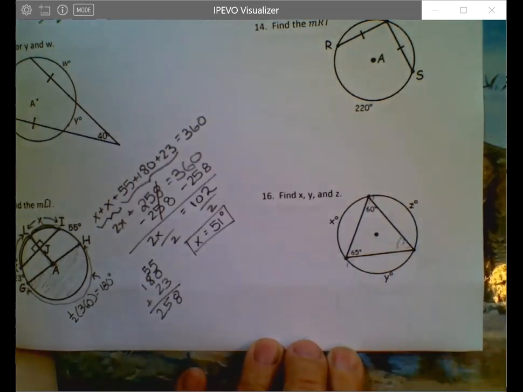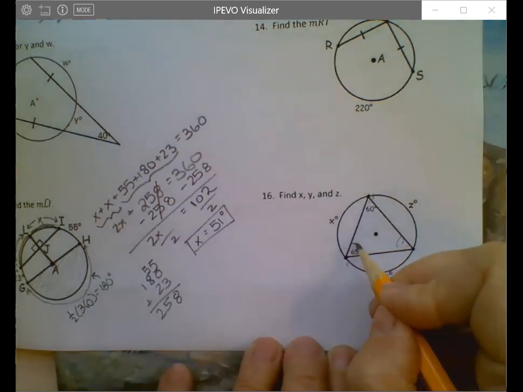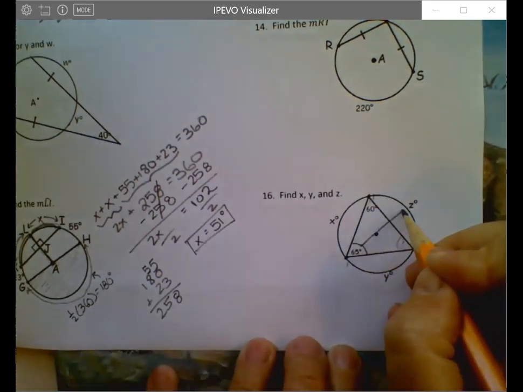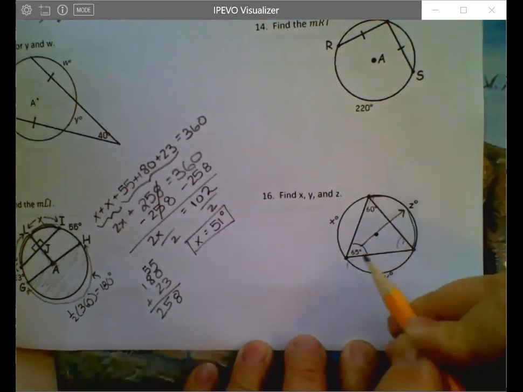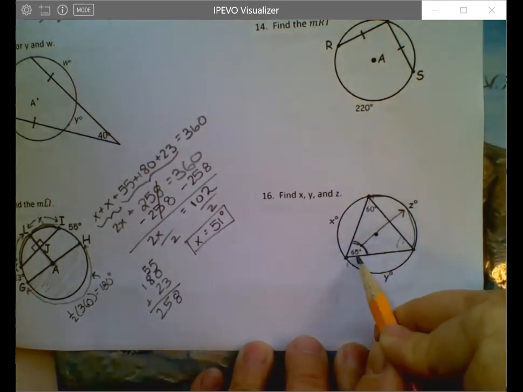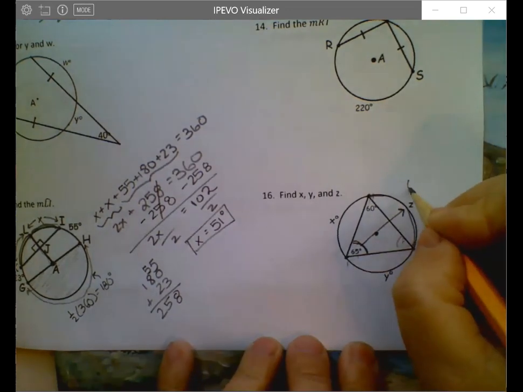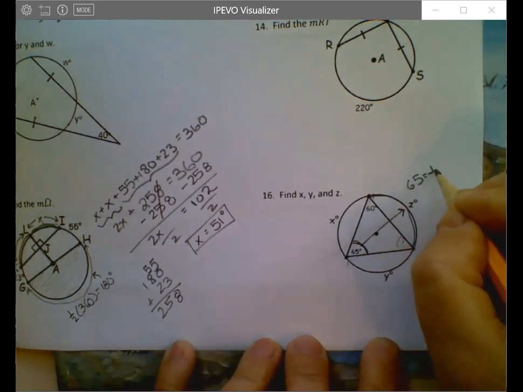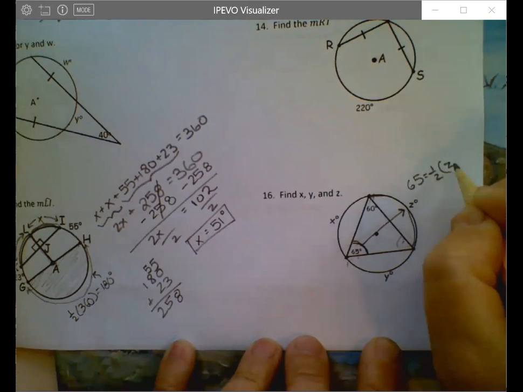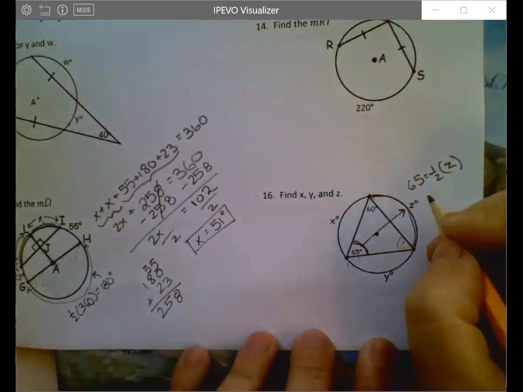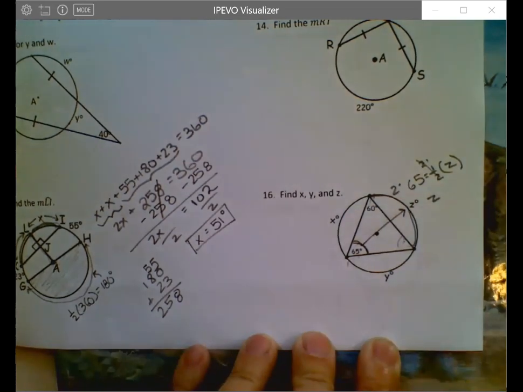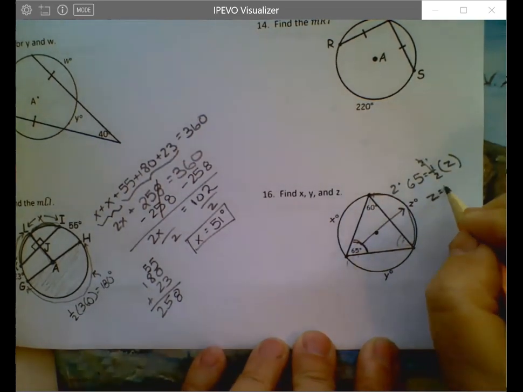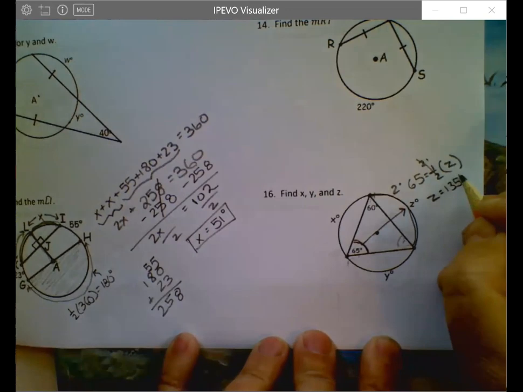That's absolutely no problem. We can also use each inscribed angle to figure out its arc. So this arc Z goes with the angle 65, and 65 is 1/2 of Z. So Z, just turning it around, multiplying both sides by 2, that's going to give you Z equals 135 degrees.